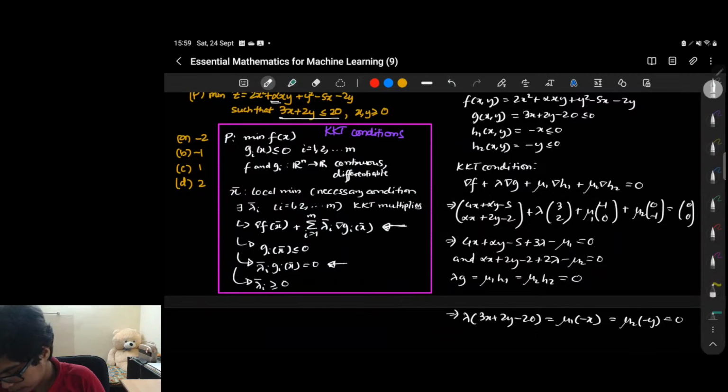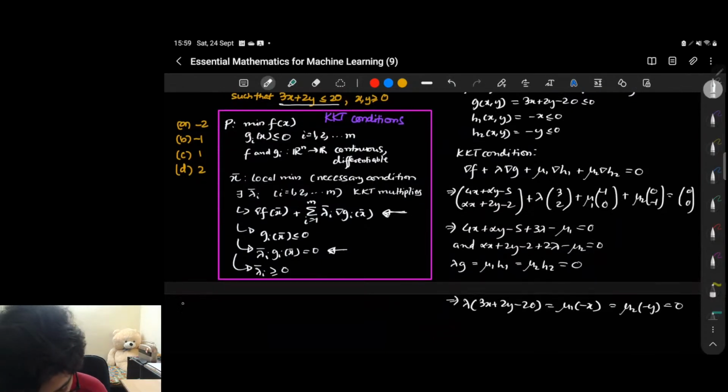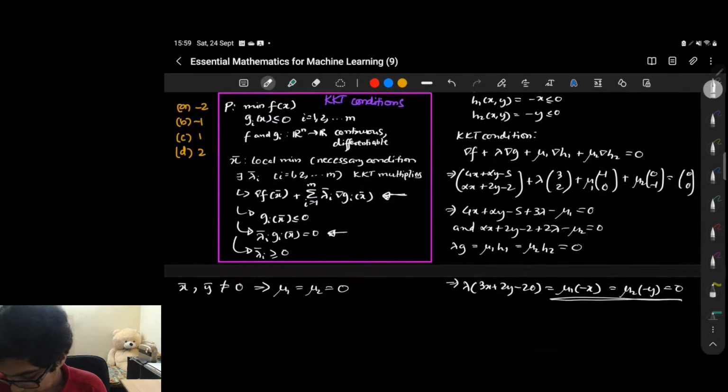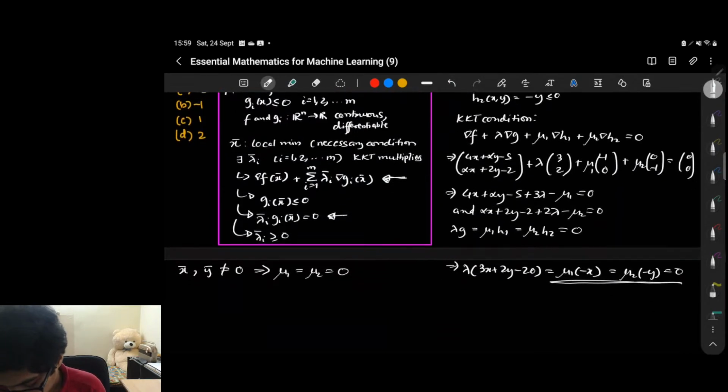Negative y, and this is equal to 0. Now since x bar and y bar, this optimal point is not equal to 0, so we get mu1 equal to mu2 equal to 0 from here. So this x and y is not 0, so mu1 and mu2 have to be equal to 0.